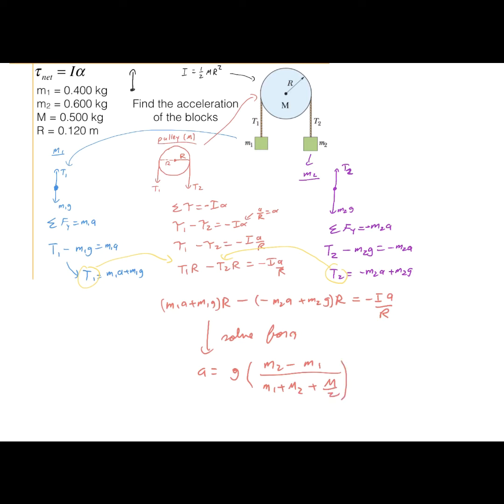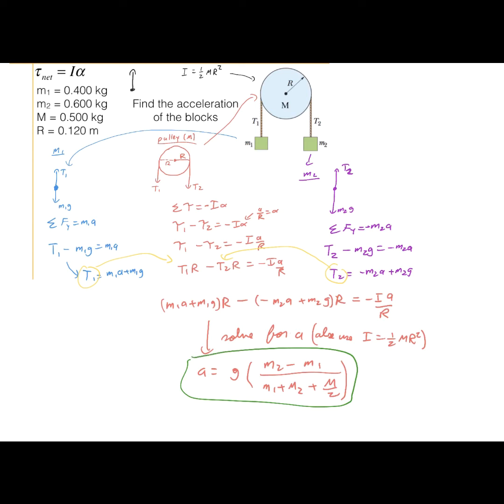Okay, now what I did in here is I solved for A, and I also used the moment of inertia for the disk, which is 1/2 m r squared. So I solved for the acceleration of those two blocks for that particular situation.